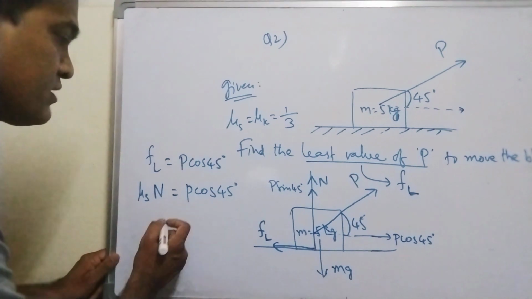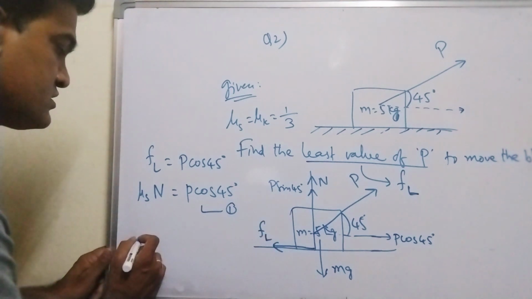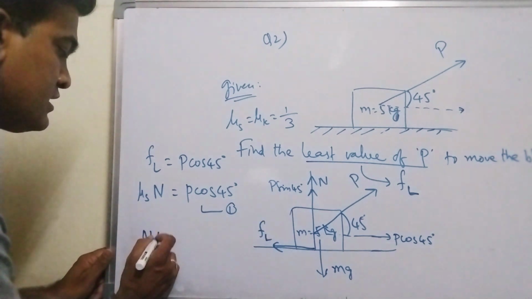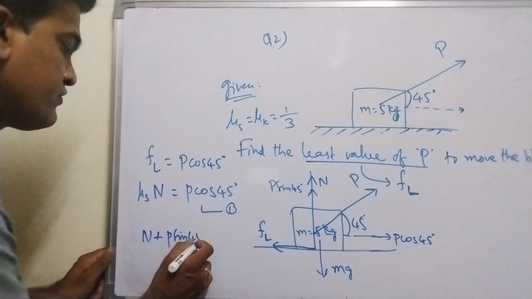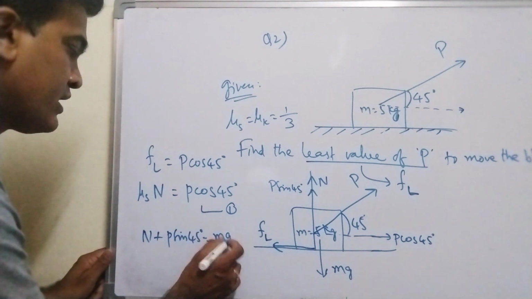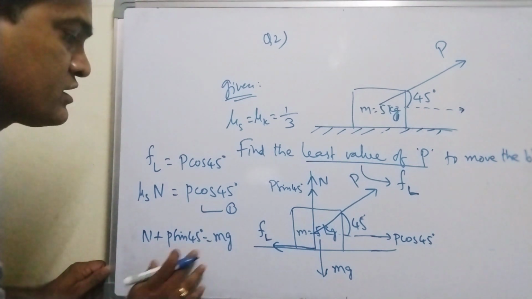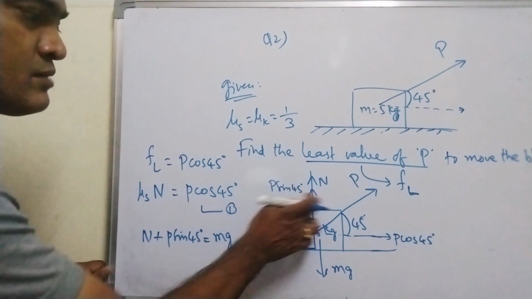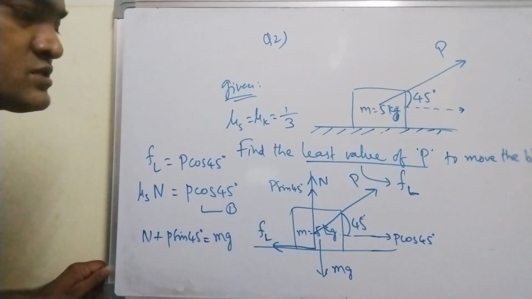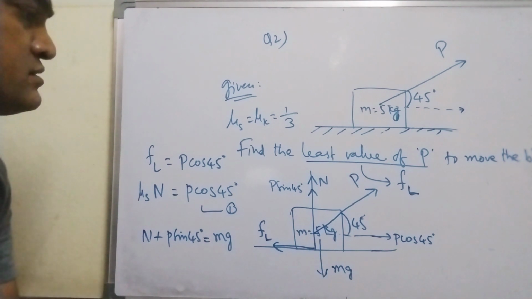Right? So from this I can write, let me take this as equation 1. The second equation is N plus P sin 45 degrees is equal to mg. Can I write like this? N plus P sin 45 degrees is equal to mg, because the sum of upward forces must be equal to the sum of downward forces. Here we have only one downward force, mg, right?